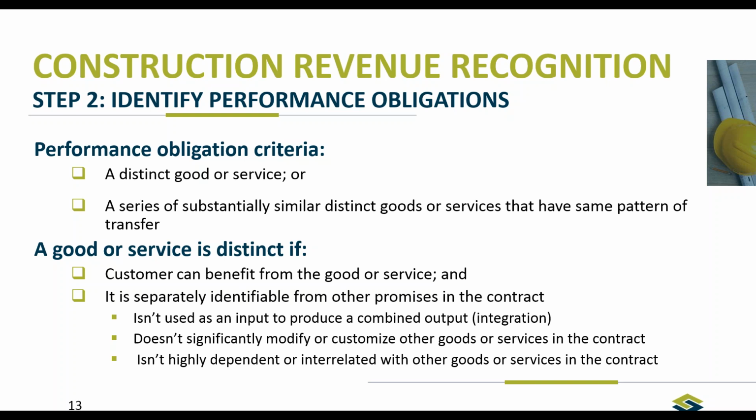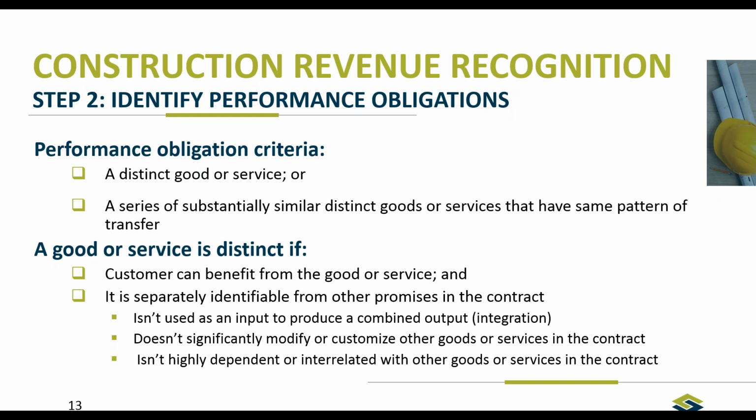Going back to the building, if the building is put up and then you have to do some other work that's outside the contract after the building is up, those would sound like two separate performance obligations. So back to the slide: isn't used as an input to produce a combined output, doesn't significantly modify or customize other goods or services in the contract, isn't highly dependent or interrelated with other goods or services in the contract.